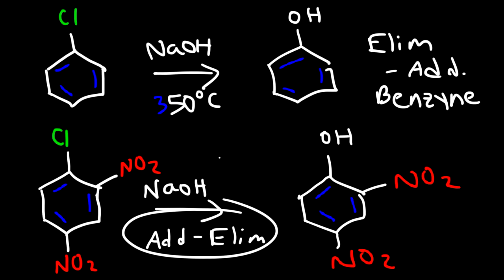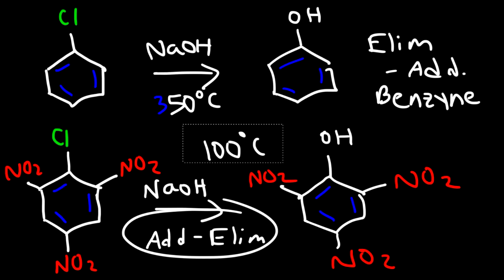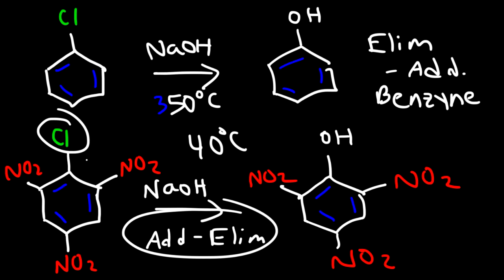It can be around 100 degrees Celsius. And if you have another NO2 group, then it's going to be even less. It could be around 35 or 40 degrees Celsius. And so the more electron withdrawing groups that you have, the easier it is to replace the leaving group with a hydroxyl group.